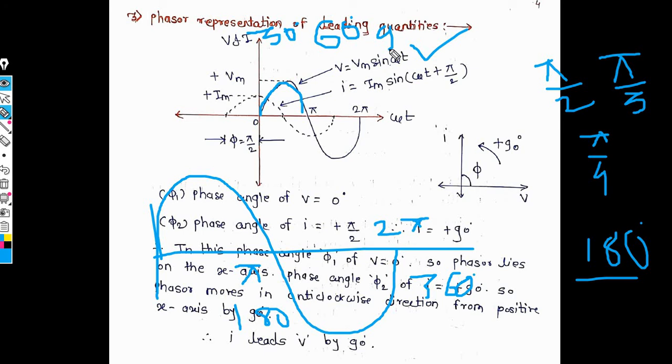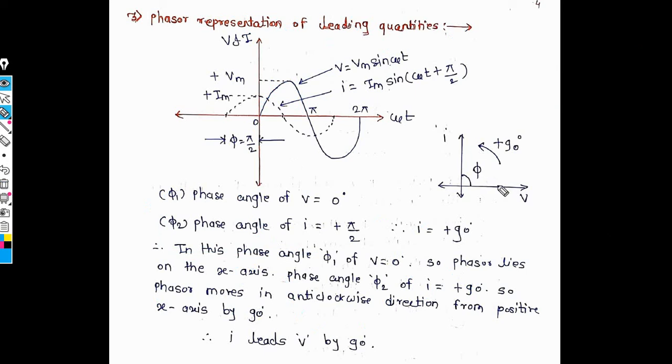Then the current I is led by voltage, plus 90, because the angle here is plus, that is 90 degrees. We could consider 30 degrees, 60 degrees or any angle, but here we have considered pi by 2. At that instant the voltage waveform starts from 0, but the phase angle of I is pi by 2, that is perpendicular.